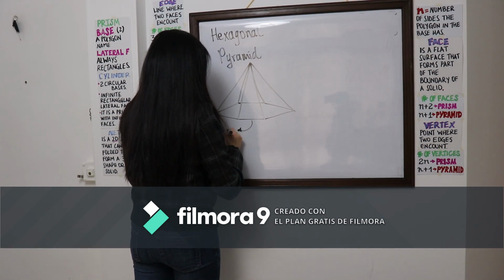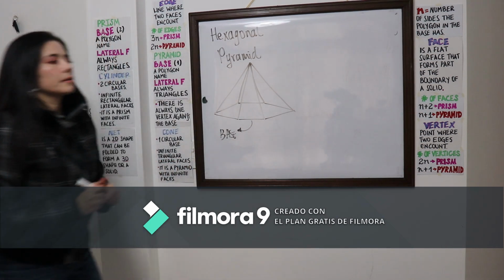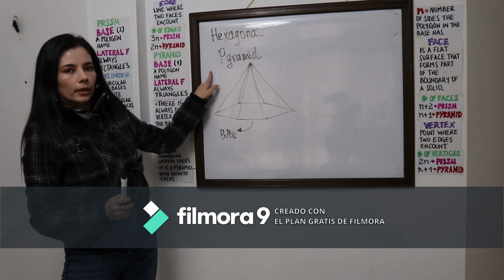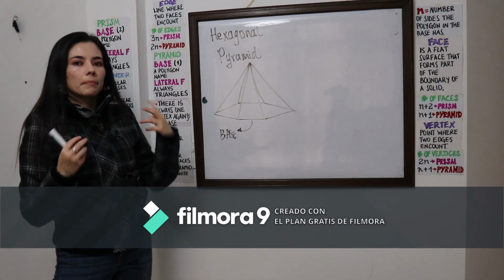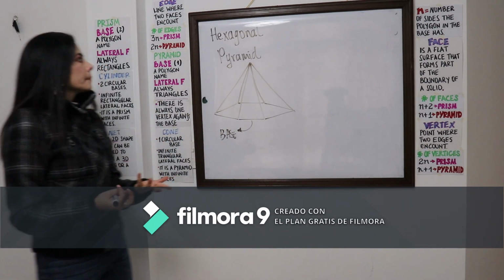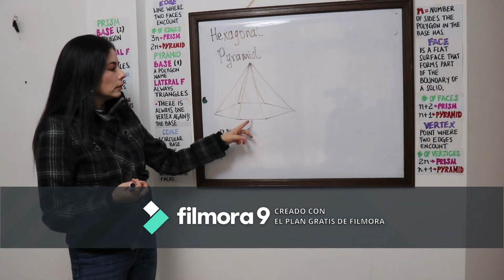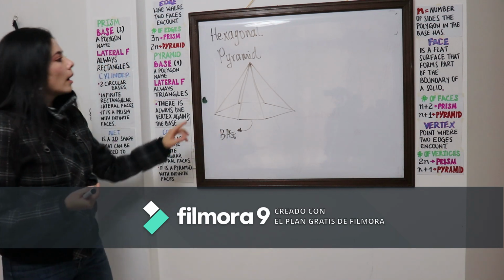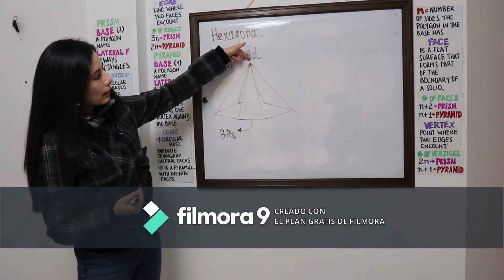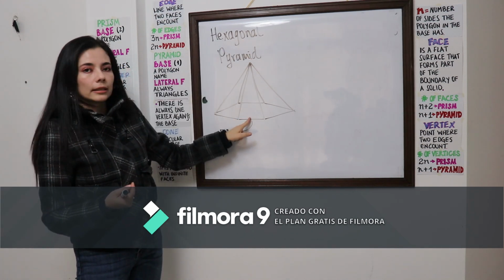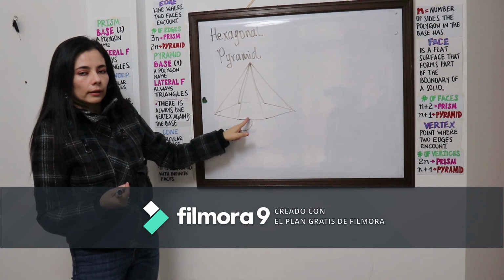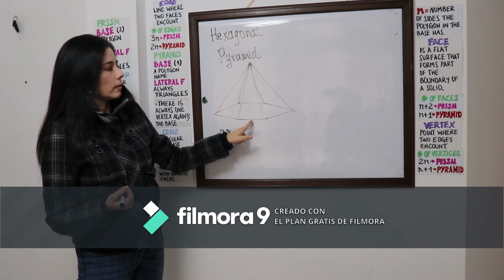And again, the base gives me the name of the pyramid. So we know the base is the main face in the solid. And here, as you can tell, we're always going to have one vertex that is against the main face, which is the base, right?